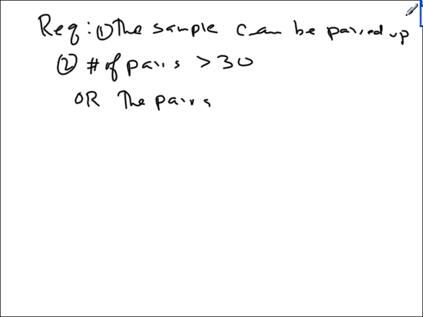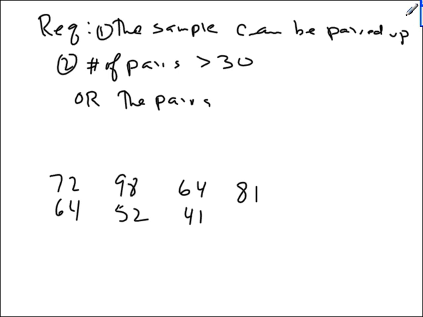The pairs of differences, we have them paired up. 72 and 64, 98 and 52, 64 and 41, 81, 72.